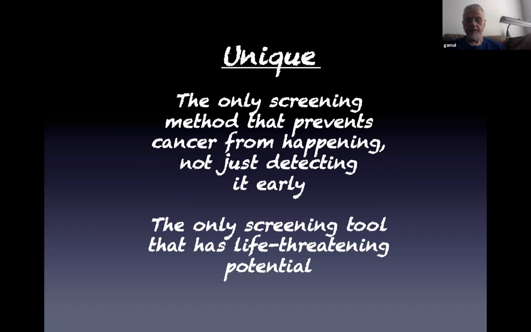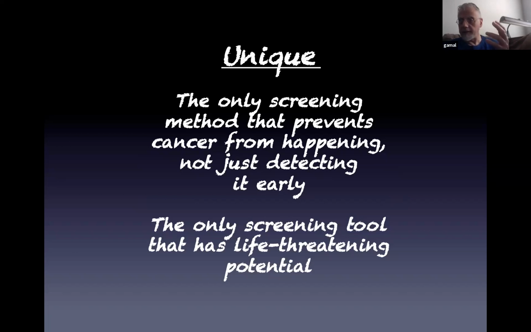The unique thing about colonoscopy is the only screening method that prevents cancer from happening, not just detecting early. If you compare screening colonoscopy to mammography, for instance, or PSA measurement for prostate cancer, these 2 important screening methods: mammography will detect breast cancer early, or precursors of breast cancer.